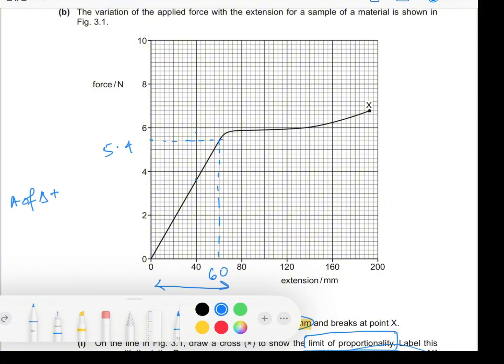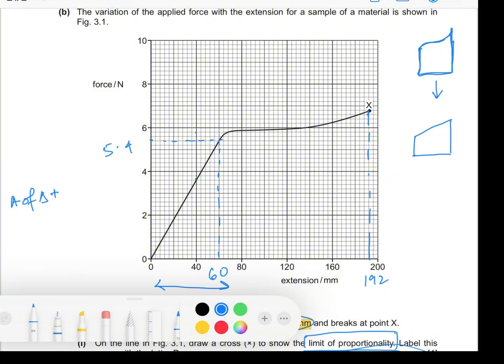Okay, this point is 192 meters, and when you look at this shape and you need to estimate the area, we can estimate this shape to be a trapezium.